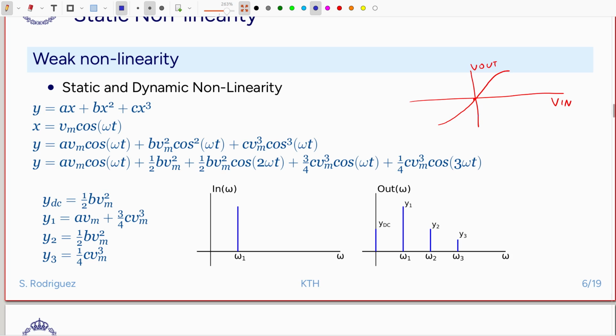Typically we want to process signals, for instance sinusoidal signals, coming to the system. They are going to produce an output voltage, this kind of output. Sorry, this has to be like this.